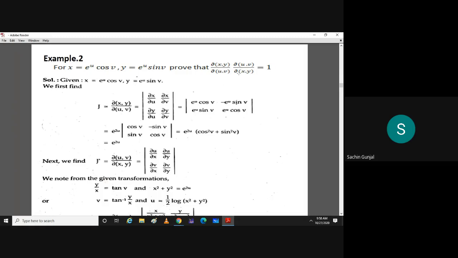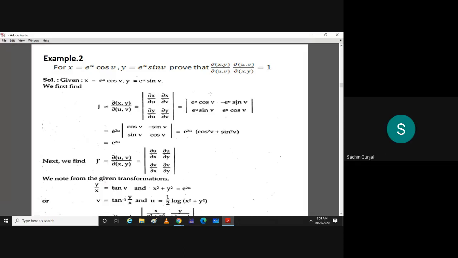Yes, xy with respect to uv. Others, do you agree with this? Yes, sir.